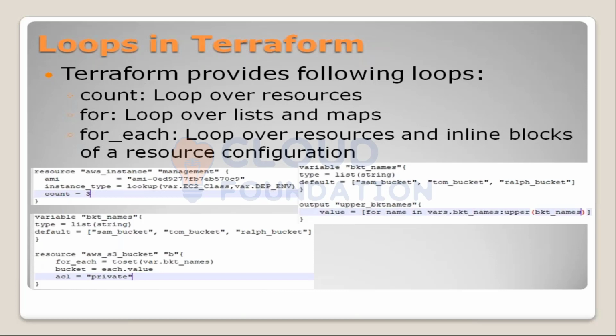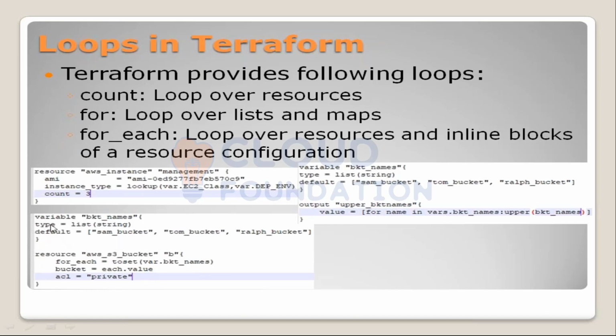Suppose there is a list and you use for each over that list in a particular resource, then for every item in that list, the resource definition would be repeated. And second, if a particular block of code within a resource needs to be repeated multiple times, even that can be done using this. The second one I will show you using the concept of dynamic. The first one you can see here.